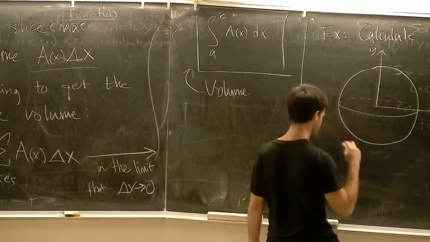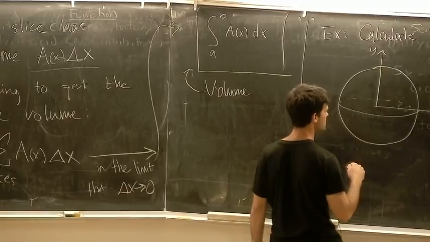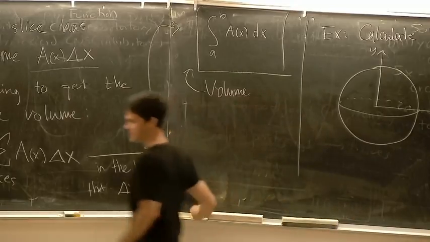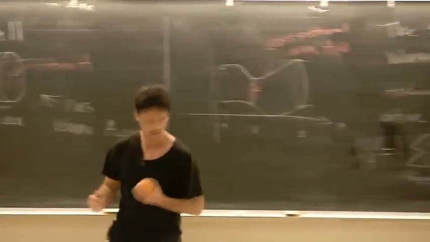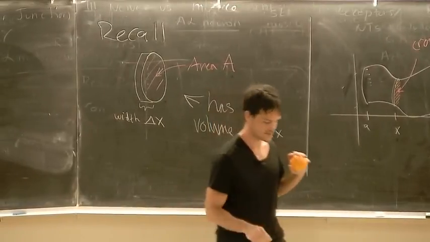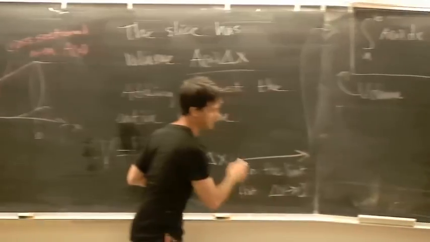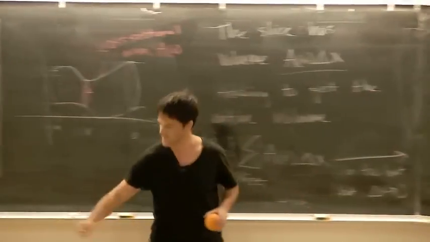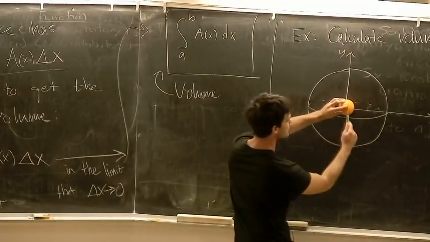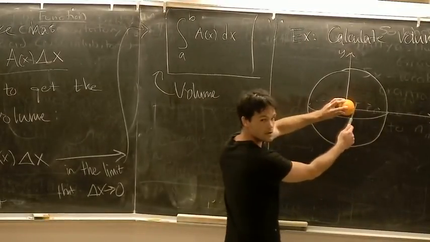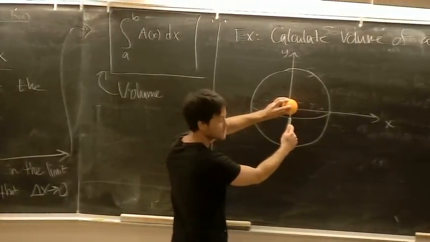And okay, now I get to use my knife again, we're going to cut this into slices. I'm going to integrate in the x direction, so I need to see, basically here, you can visualize this. If I slice this orange like this, what is the cross-section going to look like?